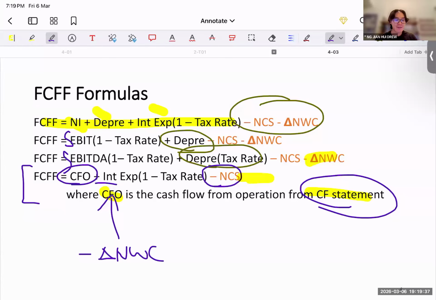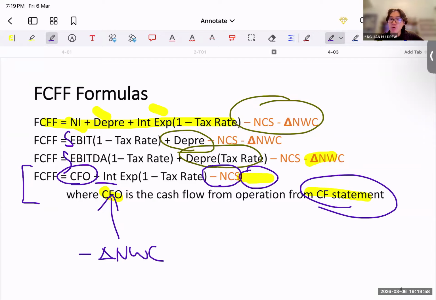This is something that they have already removed and is part of your operating cash flow in your cash flow statement. So, which is why it is missing here. There's no need to adjust for the net change in net working capital again.